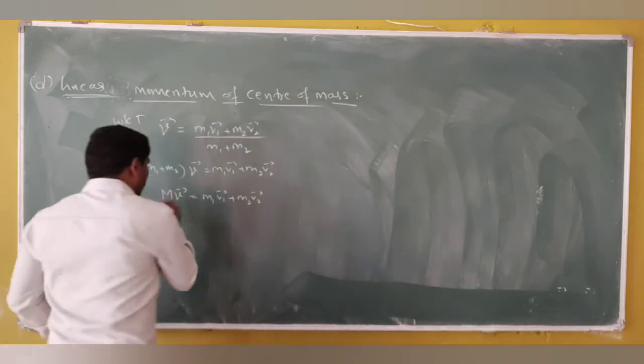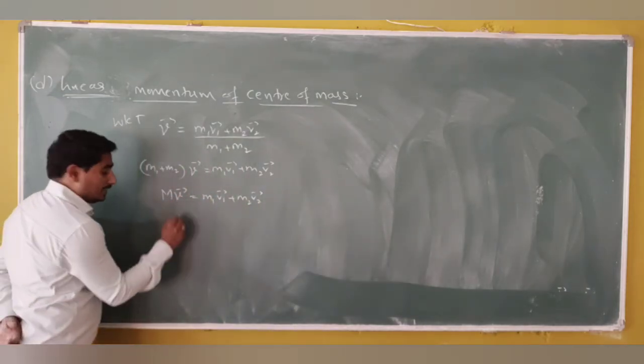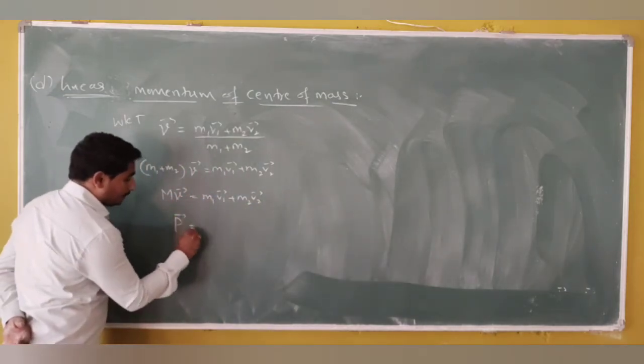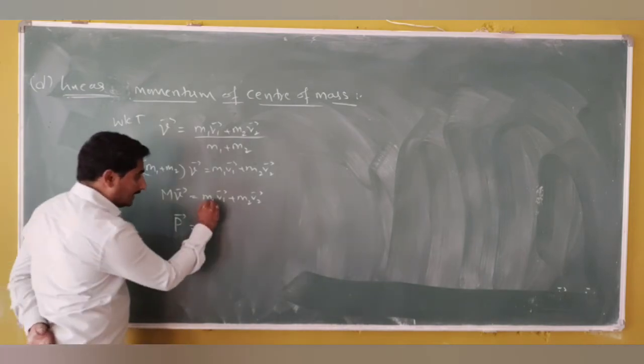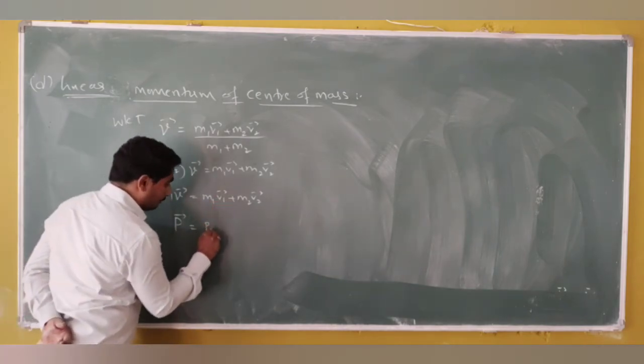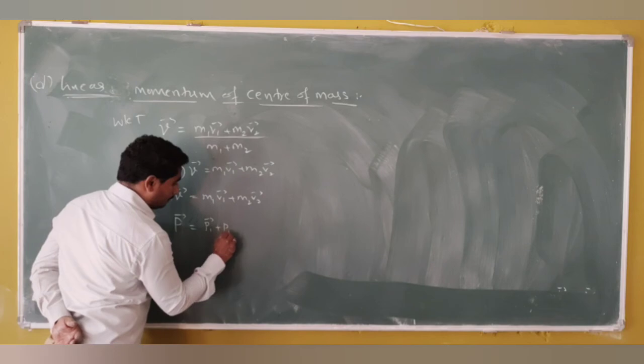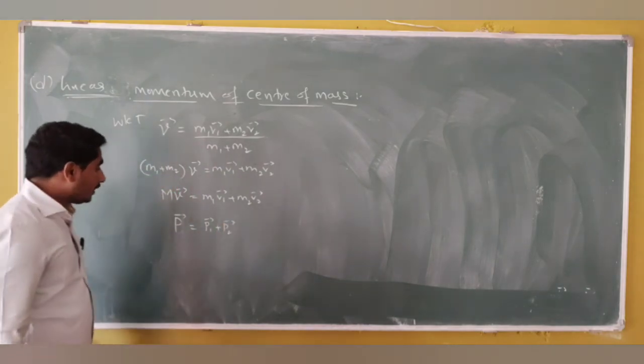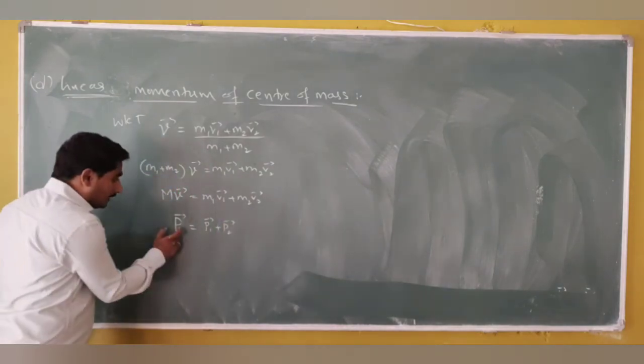So MV is capital P, and m1 v1 is p1, plus p2.